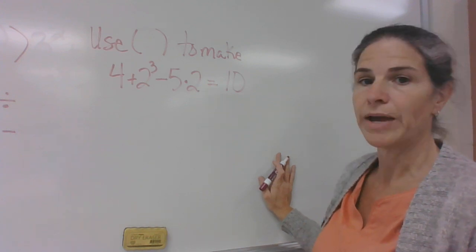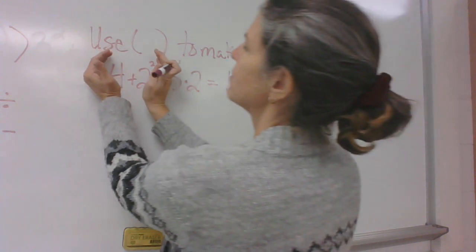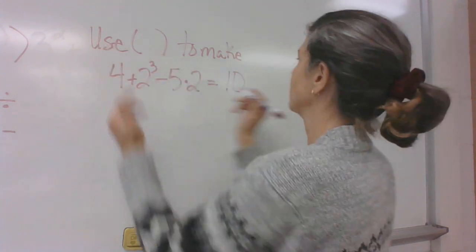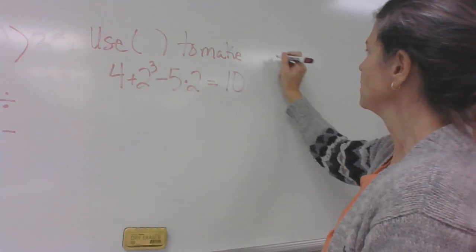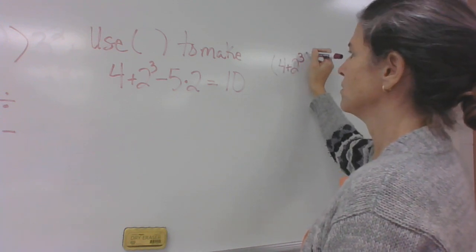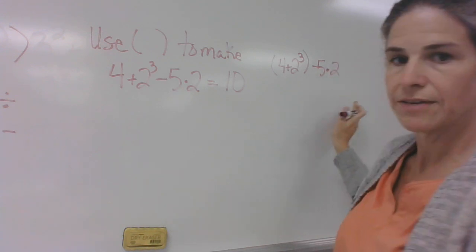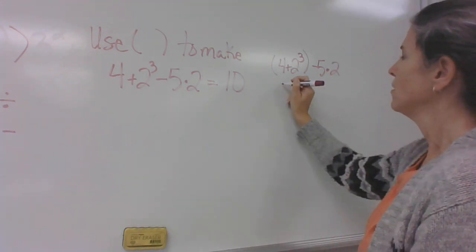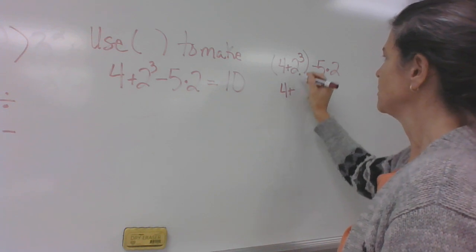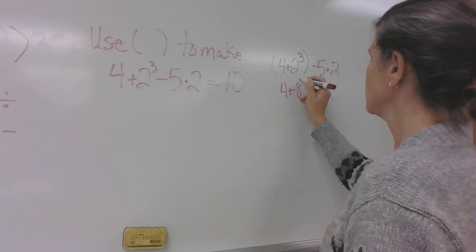All right, now that you're back, what I'm going to try doing is this part first. I'm just trying to chunk things. So if I try doing 4 plus 2 to the third minus 5 times 2, I'm going to see if I can make that equal 10. 4 plus 2 to the third. 2 times 2 is 4. 4 times 2 is 8.